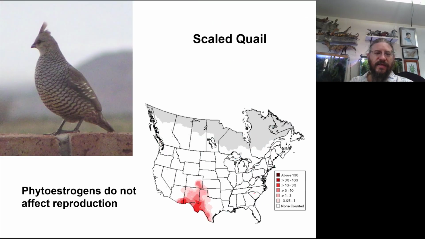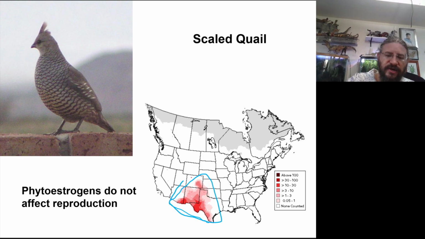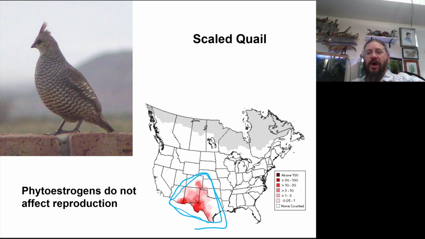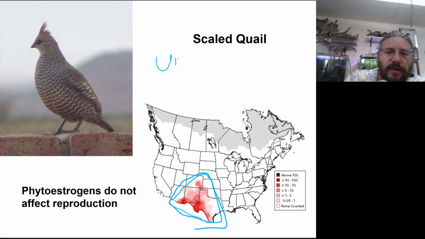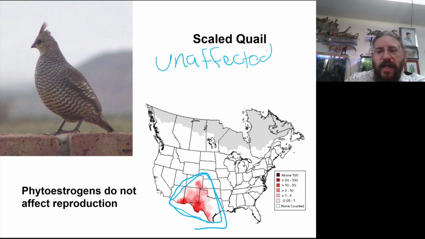And then you can look at the scaled quail, and you can see it lives in the desert, and its diet is in large part these desert annuals with high concentrations of phytoestrogens, and scaled quail are unaffected. They are adapted against the effect of phytoestrogens.